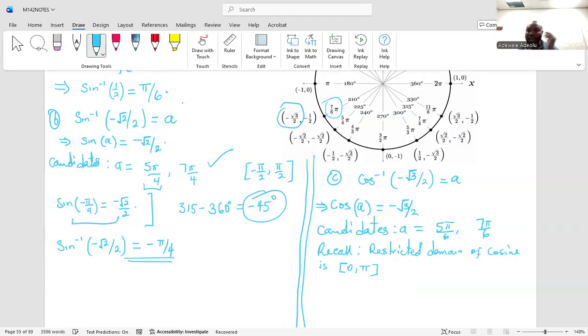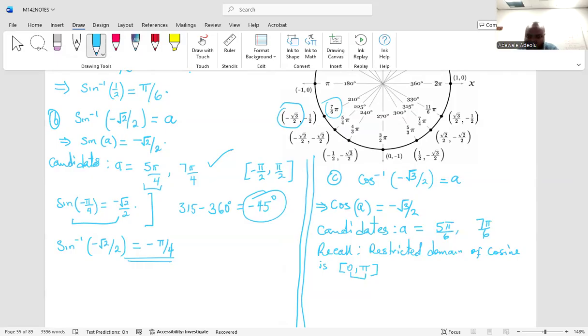Let's see. 5 pi over 6, that is 5/30s, meaning we have 150 degrees here. And this is 7/30s, so that is 210 degrees. And it turns out that 150 is within this domain.